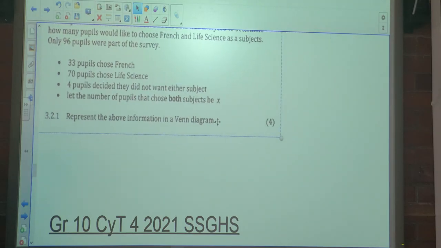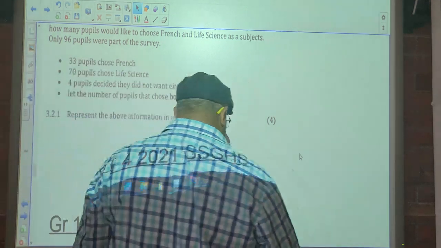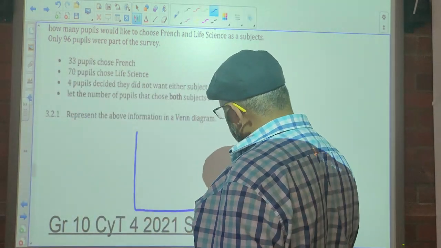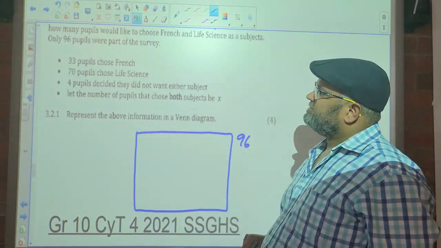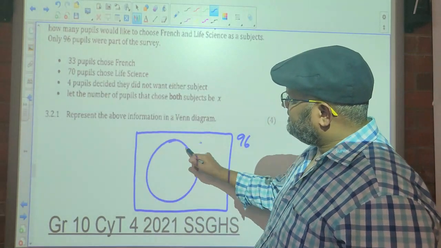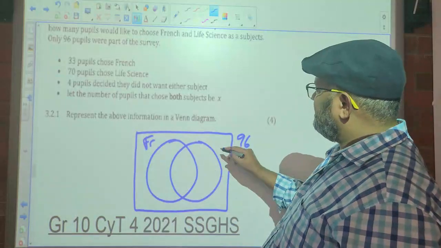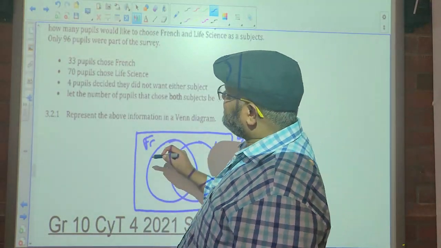So 96 people were part of the survey. So what does that mean? The sample space, of course, is 96. So the subjects on offer here are French and life science. 33 chose French.